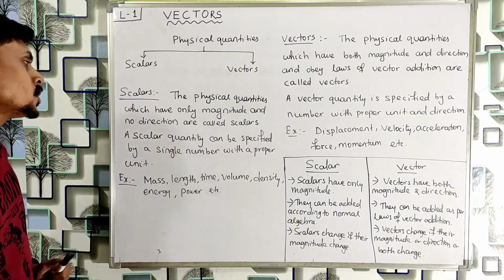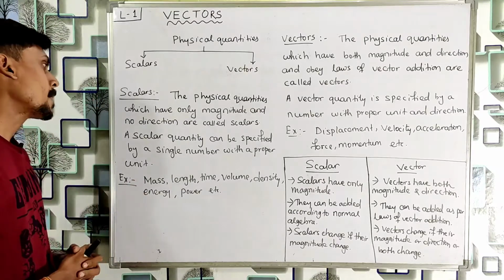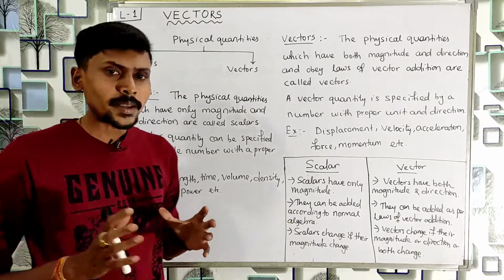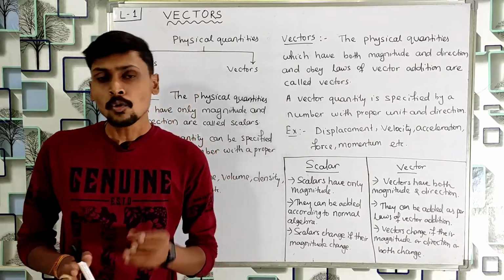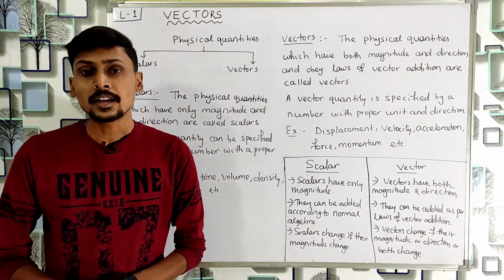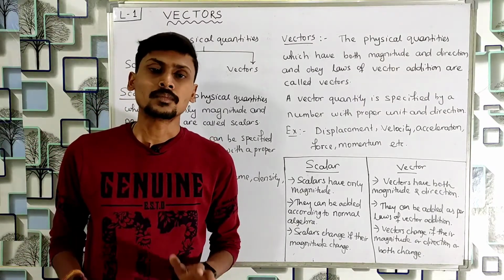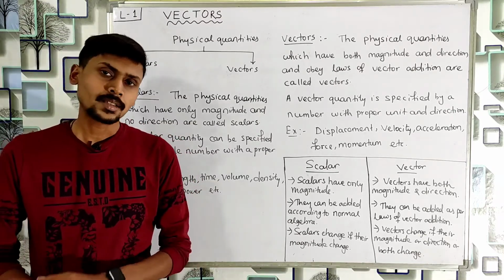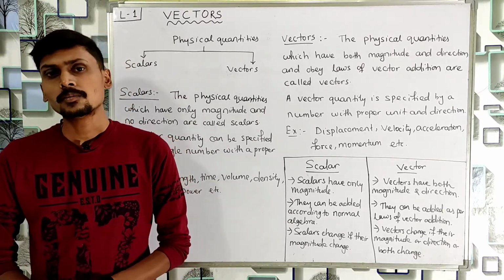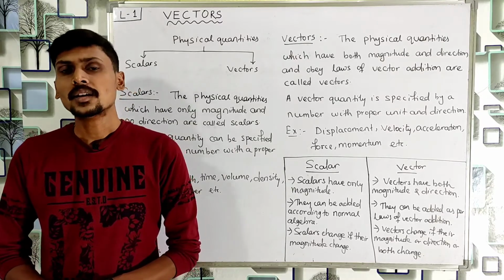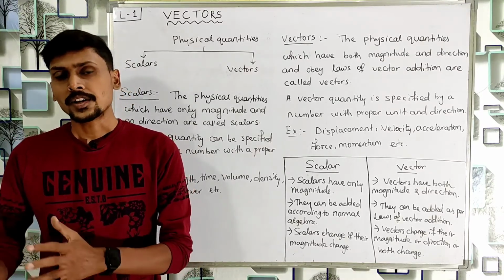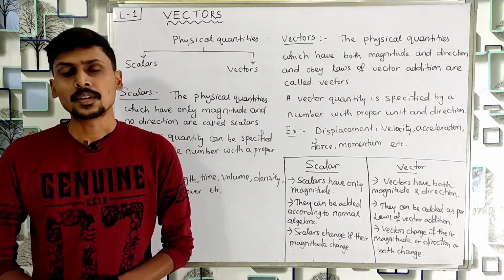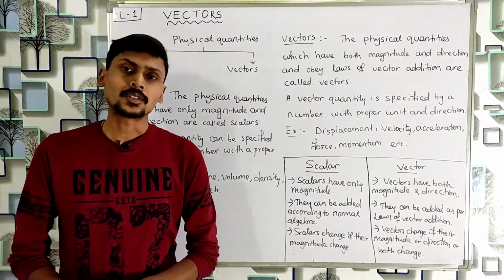The physical quantities which have only magnitude and no direction are called scalars. There are many physical quantities which have only magnitude but they don't have any direction. They are known as scalars. For example, mass, length, time, volume, density, work, energy, power, etc. So these quantities have only magnitude. They don't have any kind of direction.